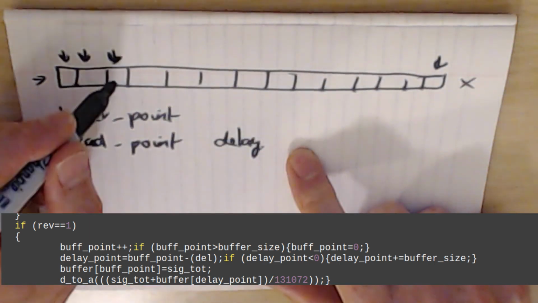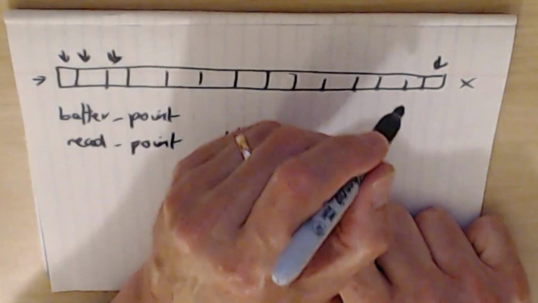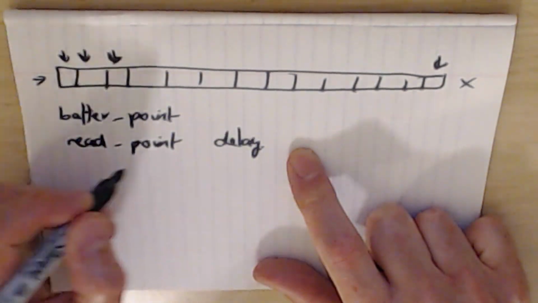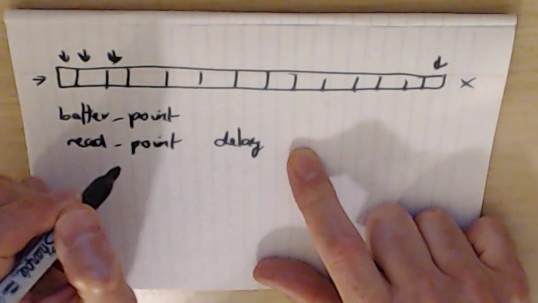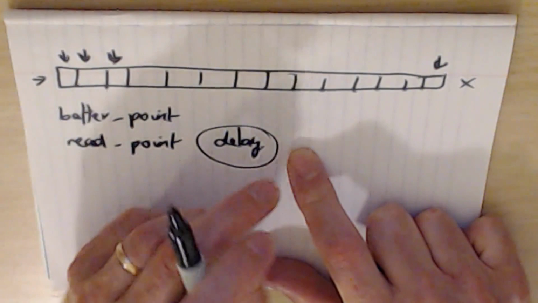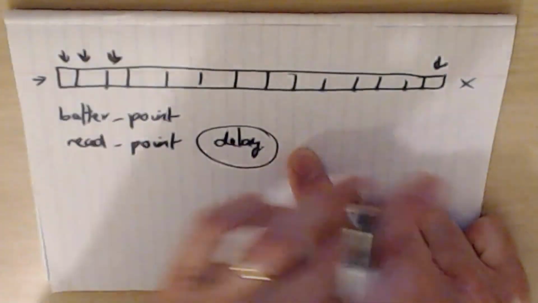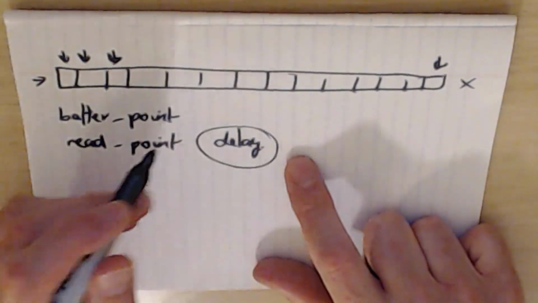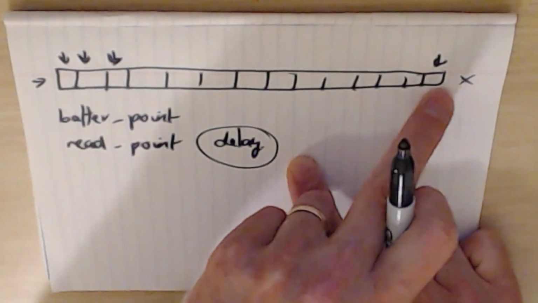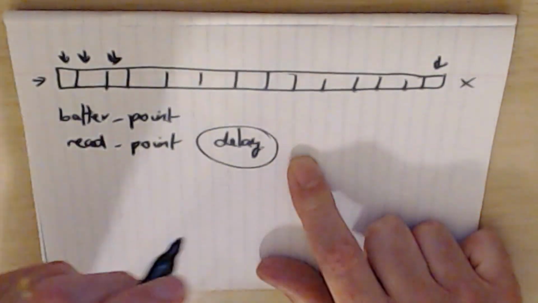So this would be the record head. This is the read head on the tape. It will be this value, buffer point minus delay. Delay, as you'll see in the example, is actually controlled by a knob. So we can change the location of the delay, how much we delay by. And in the Pico's case, I think the maximum memory we can manage is about 1 second.